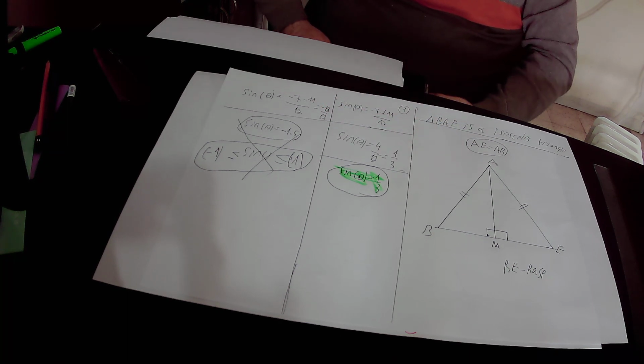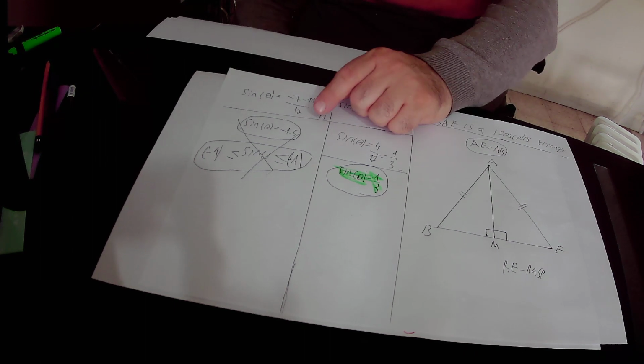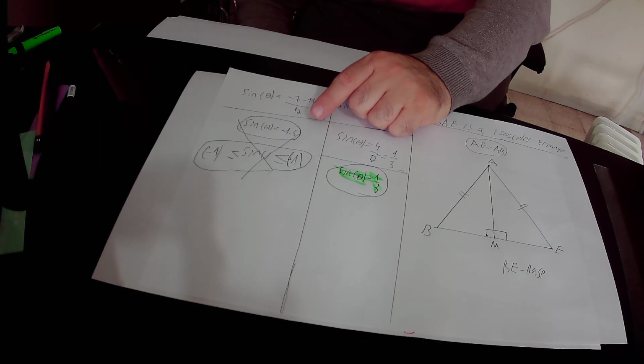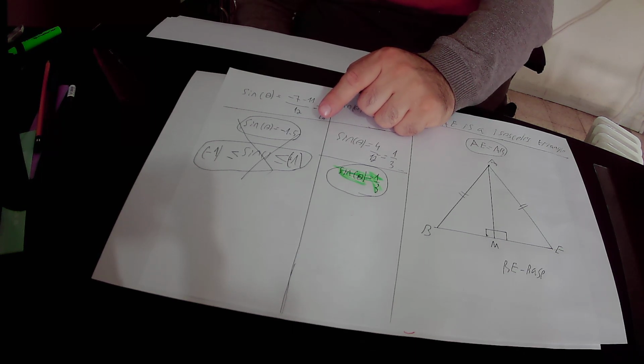But because sine can accept only values in the range from minus 1 to plus 1, and minus 1.5 is less than minus 1, it exceeds the range of values that sine theta can accept.